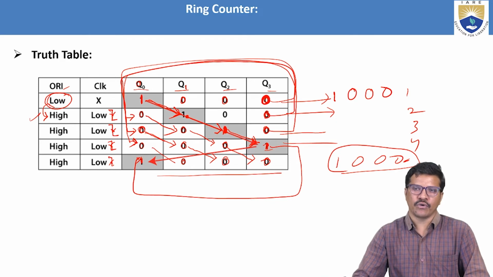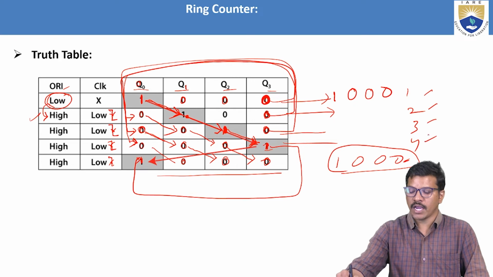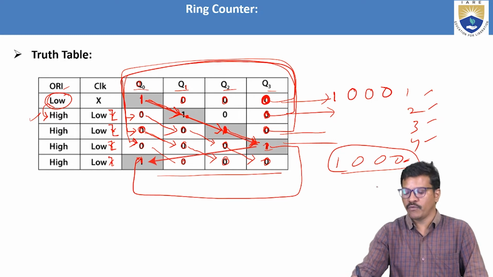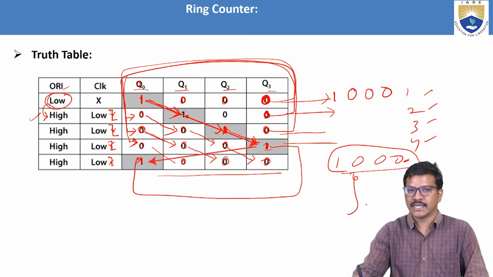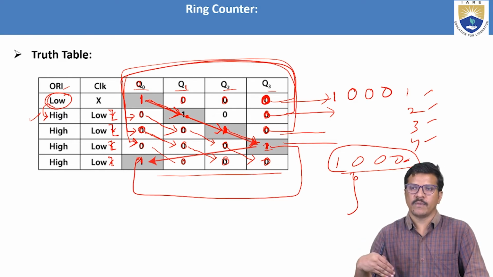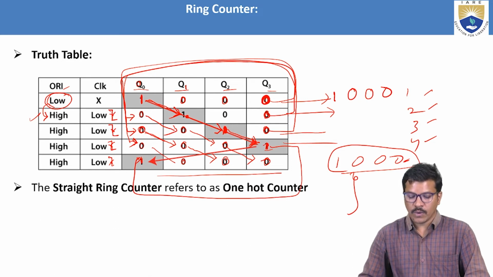After 4 counts, it becomes the initial state again. When we apply the clock pulses again, the same 4 states are repeated, and again it becomes the initial state 1000. Likewise, in the ring counter, we get this straight ring counter with 4 states.